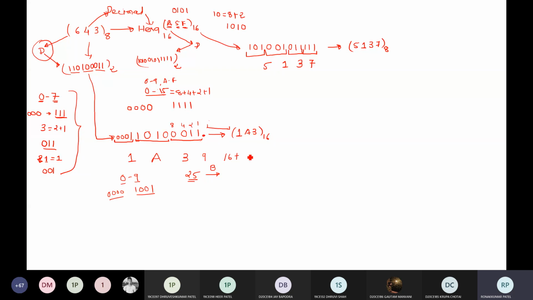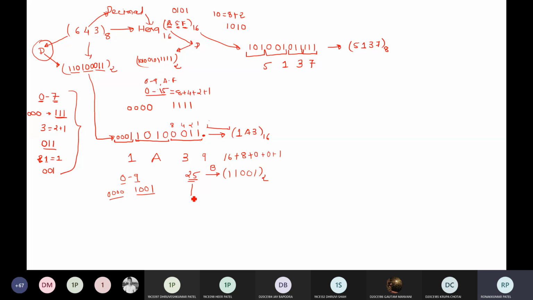For 9 we need 8 plus 1. So 16 plus 8 plus 1 is 25. So the binary is 1 1 0 0 1.